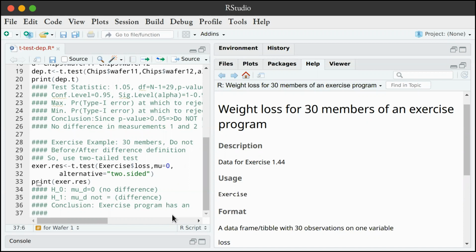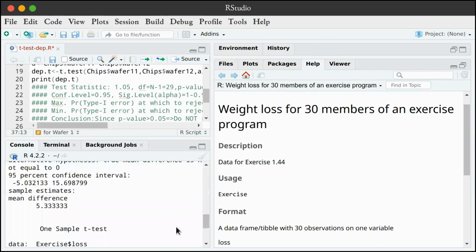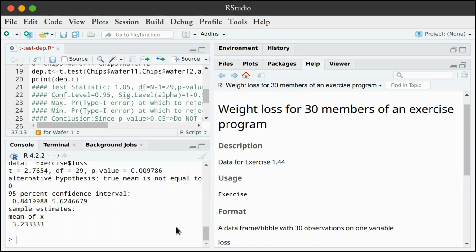Here is a question in terms of interpretation. What is the minimum value at which you can reject the null based on the result that you saw? Anything bigger than 0, you can reject the null.